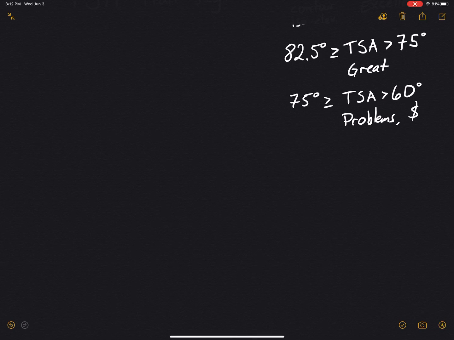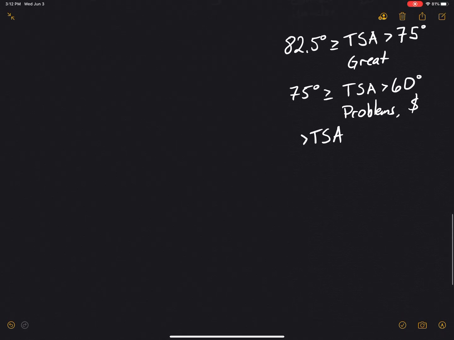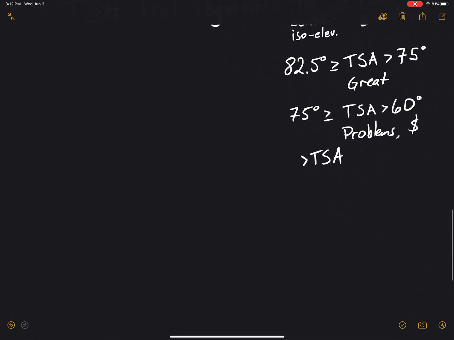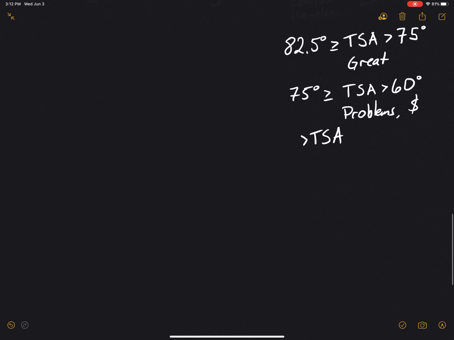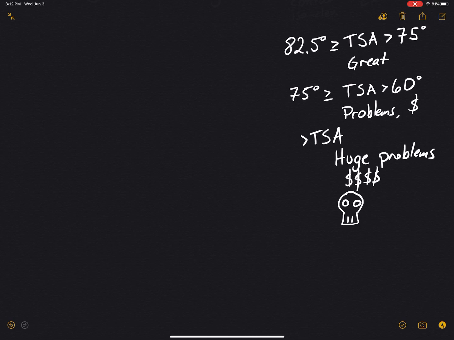If our TSA is smaller than 60 degrees, and especially smaller than 45 degrees, like it's running closer to the fall line than it is to the contour, wow, huge problems. Major expense, and we see the risk go up.